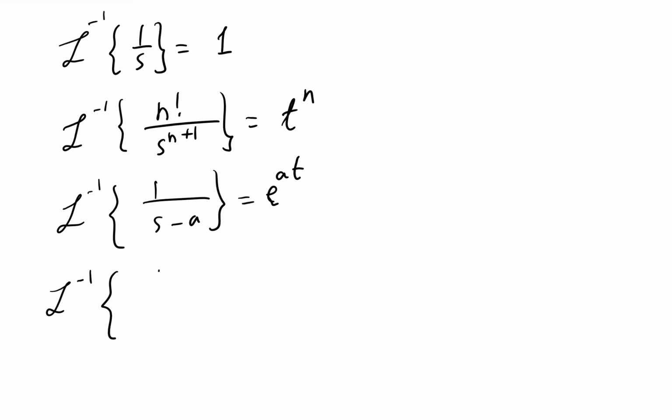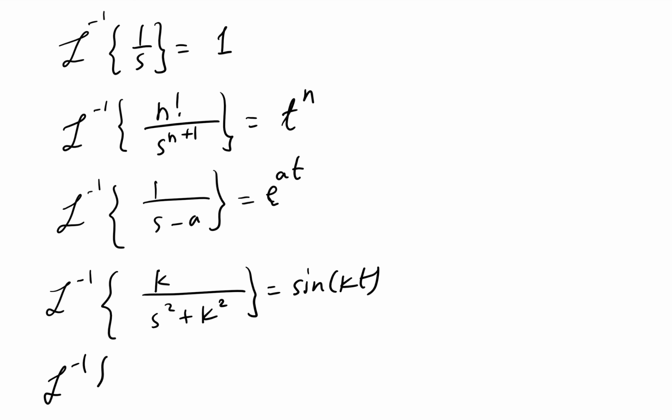Inverse Laplace of k over s squared plus k squared is sine of kt. I'm assuming you really worked hard on the first section. So this is cosine kt.